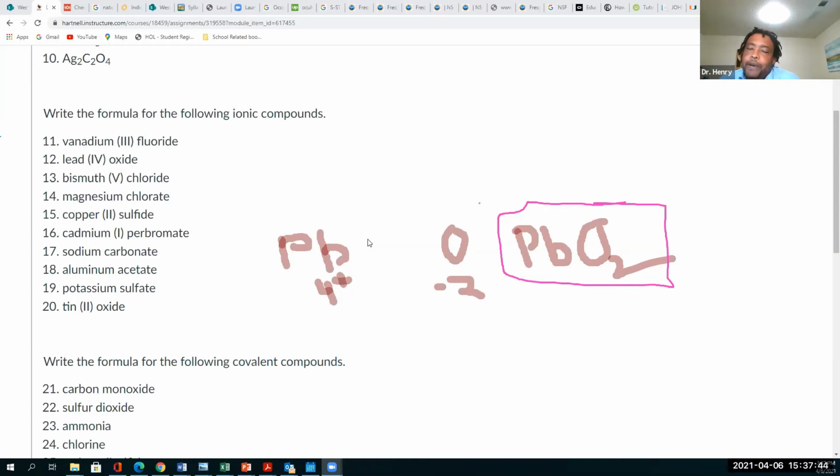So where am I going to find a polyatomic ion, Tucker? I memorize them. Where am I going to find it? On the polyatomic list. Let me see if I have my sheet.